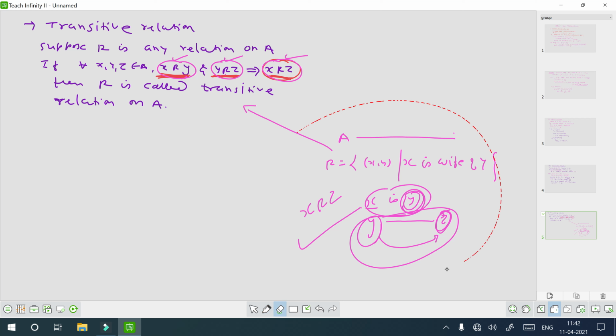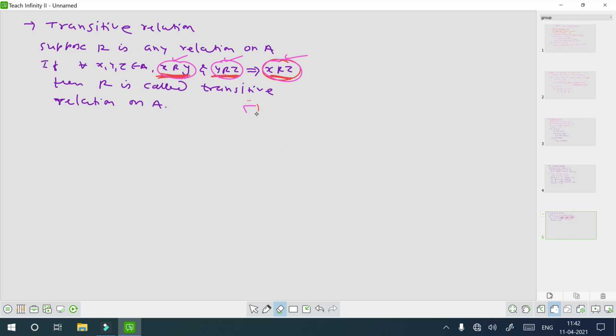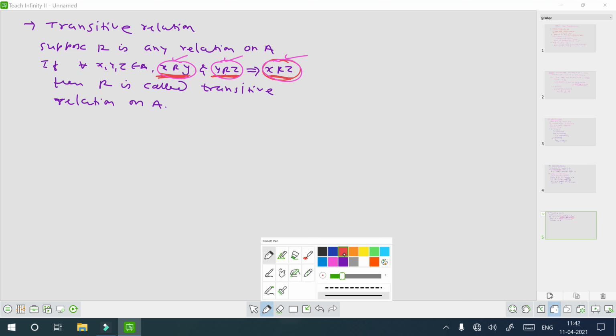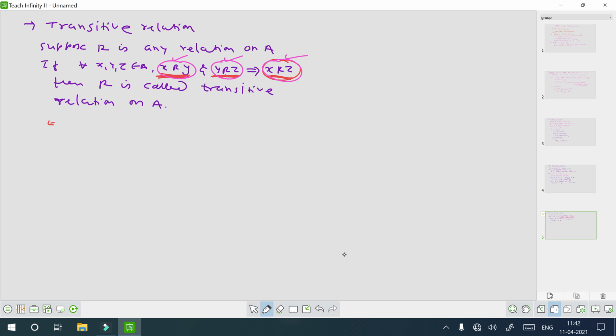Clear? Now let us define one more relation, and that is the most important relation for us: the equivalence relation.